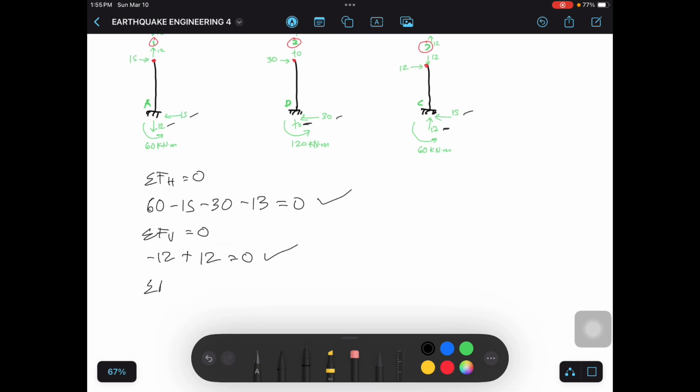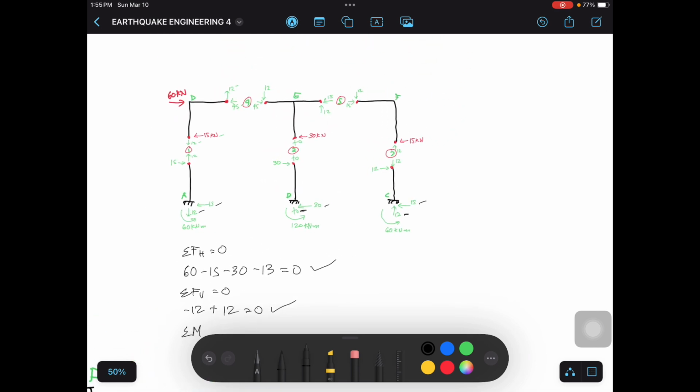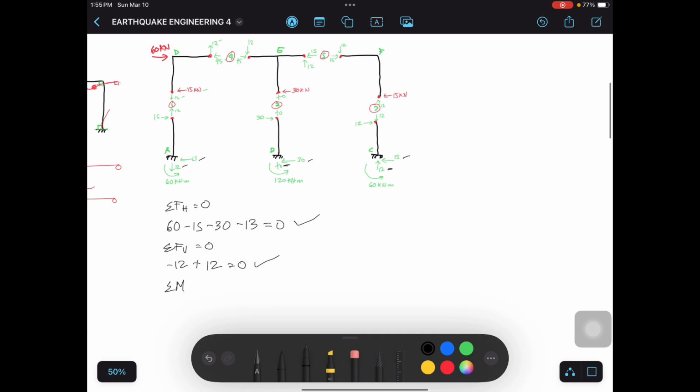So, summation of moment. Kapag nagsa-summation ng moment, kailangan mo ng reference point. So let's use point C as the reference point. Doon tayo mag-summation ng moment, which is not equal to 0, should be equal to the moment at C. What is the moment at C? 60.